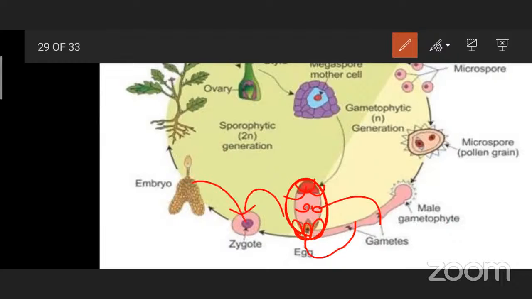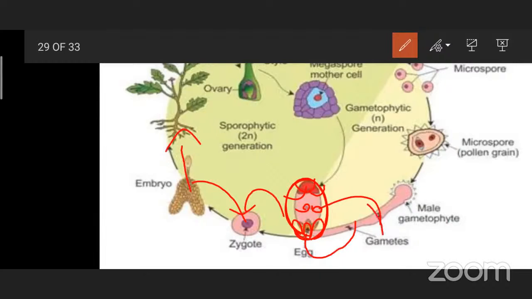After fertilization, the diploid zygote forms. The zygote develops into the embryo, and the embryo develops into the sporophytic plant. The triploid primary endosperm nucleus also forms.